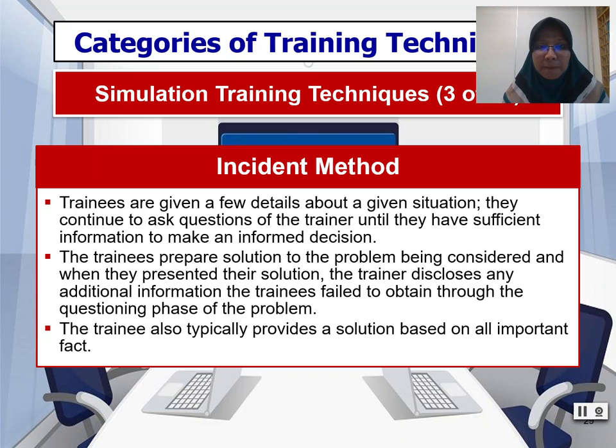The trainee typically provides a solution based on all important facts. We give a situation, so you need to get information about the situation so that you can come up with a possible solution for that situation.